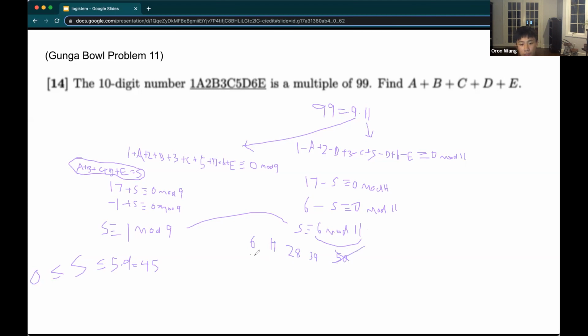So now let's just look at these. We get 6 is 6 mod 9, 17 is 8 mod 9, 28 is 1 mod 9, 39 is 3 mod 9. So since 28 is also 1 mod 9, we get that the answer is 28.